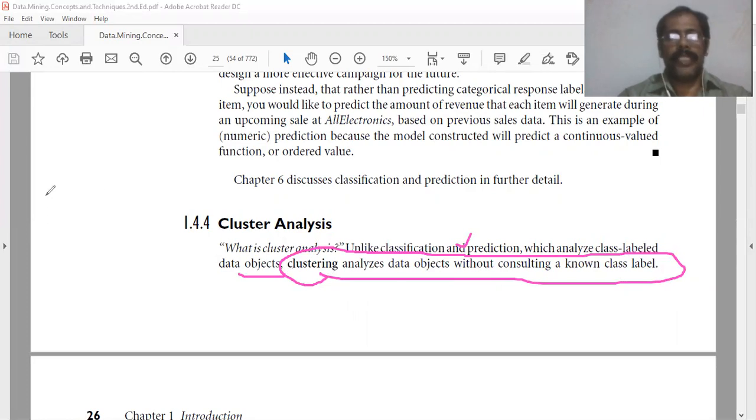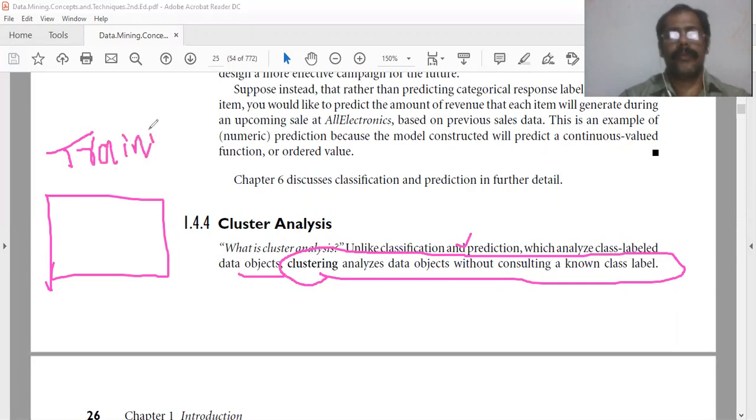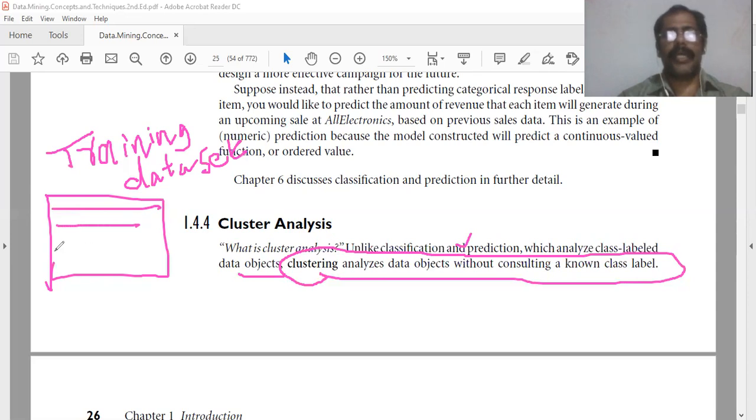That is, in the training data set, each object has the class label.